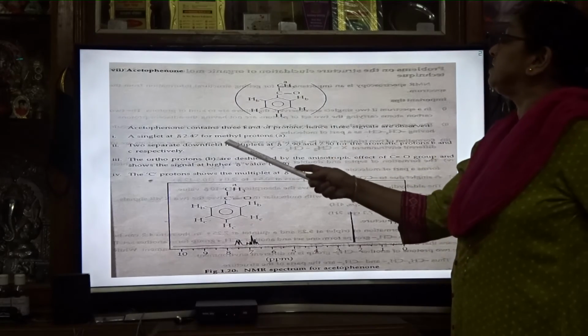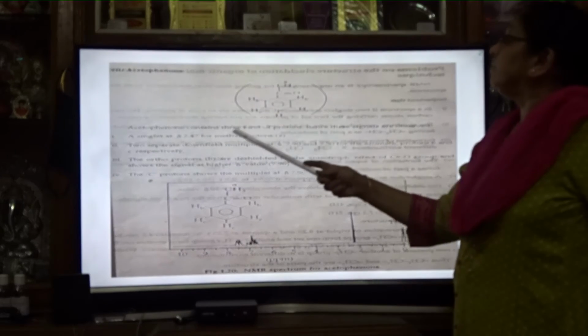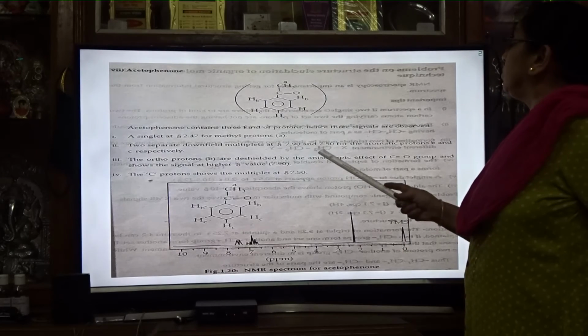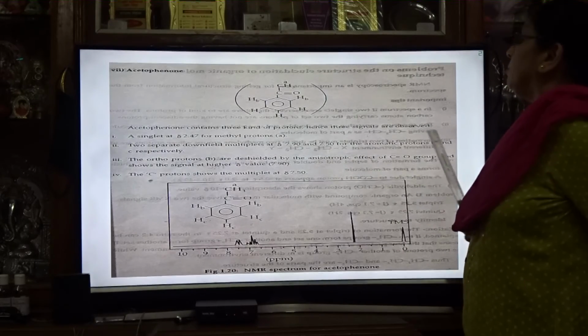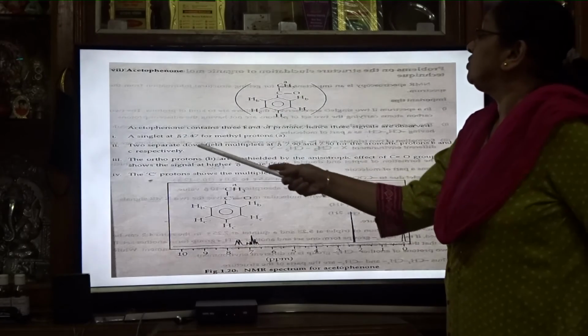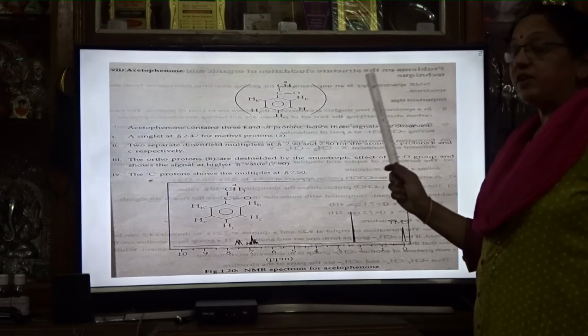For methyl protons there is a singlet because on the neighboring carbon there is no proton. 2 separate downfield multiplets at del 7.90 and 7.50 for the aromatic protons B and C respectively. Remember, they are multiplets.